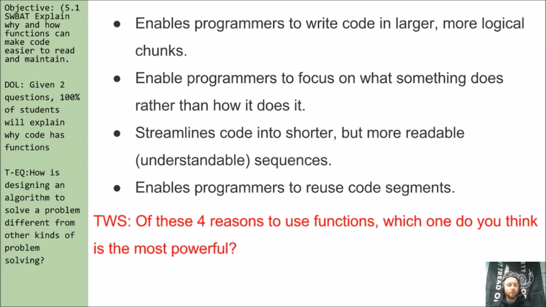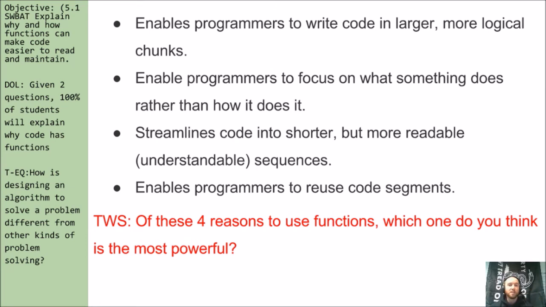So some reasons for programmers to create functions, and I want you to, of these 4 reasons, pick one that you think is the most powerful. The first one is it enables programmers to write code in larger, more logical chunks. Second one says programmers can focus on what something does rather than how it does it. So just creating a function and having all those little lines of commands inside there and then putting it somewhere else so you don't have to stare at that anymore.